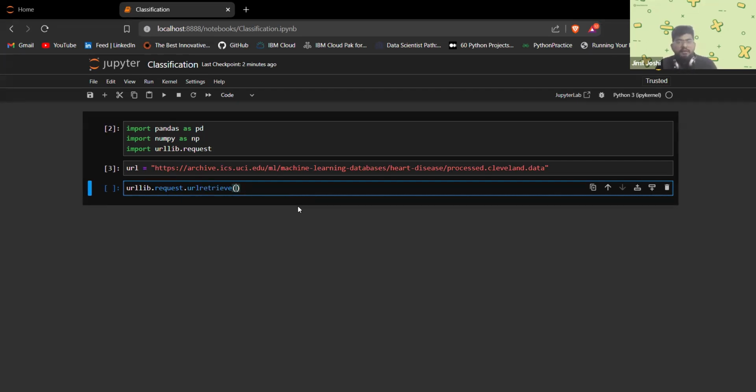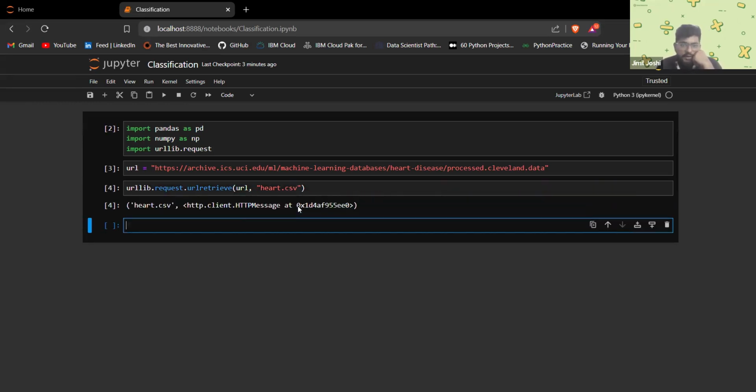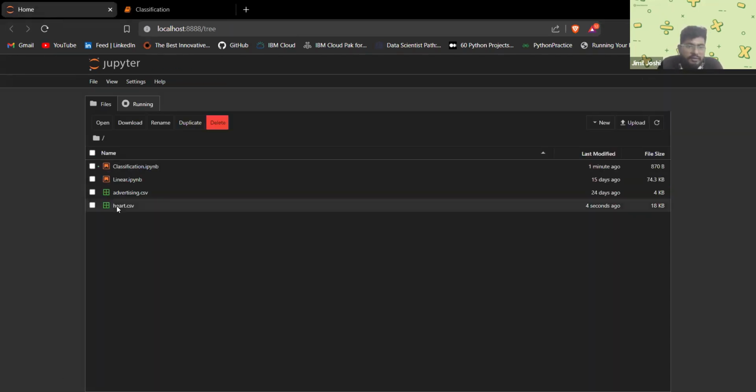Inside that, you have to pass your URL and how you want to save the data. So it's basically medical data, so we'll save it as heart.csv. Once we run it, it will download the data and save it here as heart.csv.